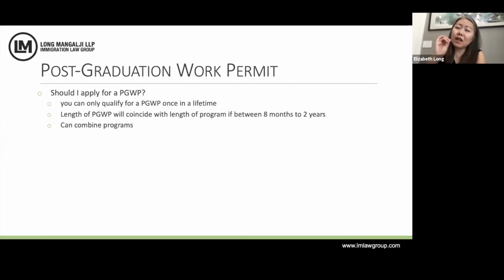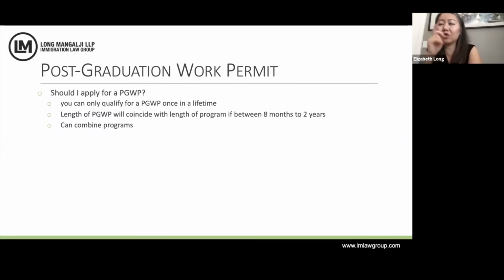And so the length of your post-grad work permit is very important. If you completed a program between 8 to 12 months, you only get a work permit for that length of time. If you completed a program between 8 months and 2 years, you only get it for that length of time.